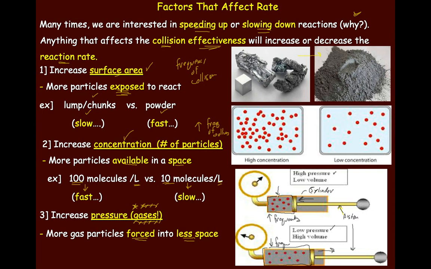We're just increasing how often they collide, and the more often they collide, the more chance there is for a successful collision. So low pressure means a slower reaction than high pressure. We can make that assumption when we look at the number of particles. It's common sense, really, if you think about what the particles are doing.